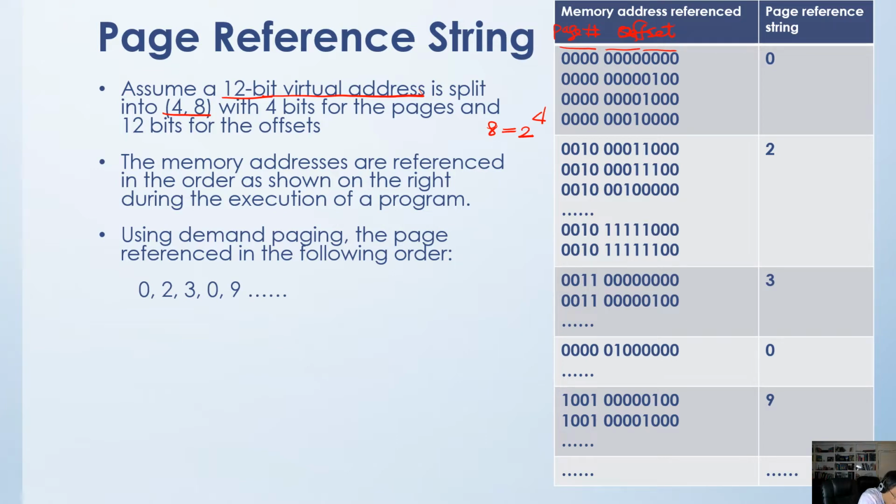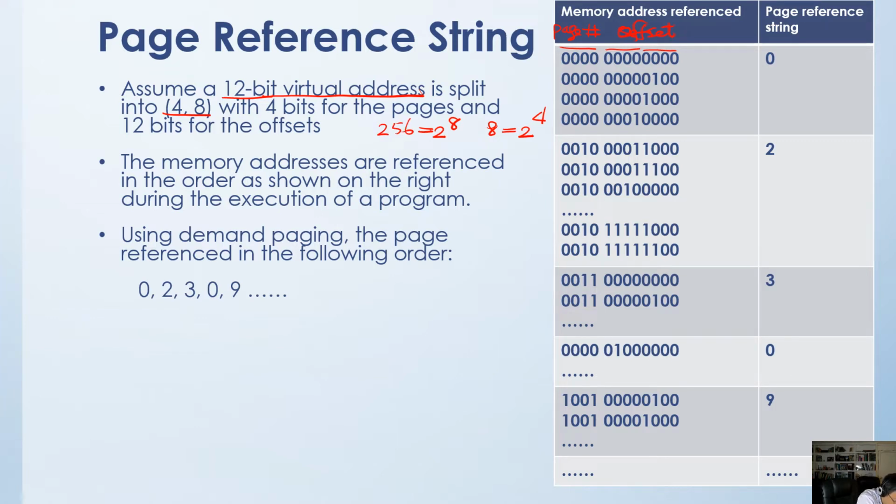Now, what's the offset? Offset represents the size of each page. So the offset is 8-bit, right? With 8 bits, how many different numbers can we represent? It's 2 to the 8, which is 256.